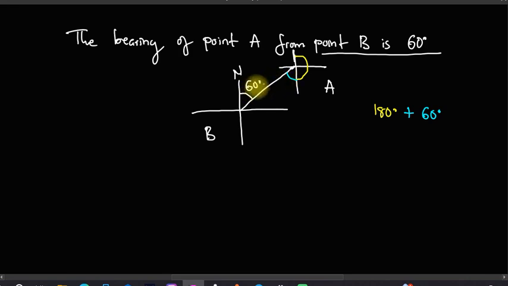These are opposite angles, so they're going to be the same. 60 degrees here means 60 degrees will also be here. So the total angle is equal to 240 degrees. So the whole angle from the north down to this point is 240 degrees. That means the bearing of point A is 240 degrees, and that's our answer.